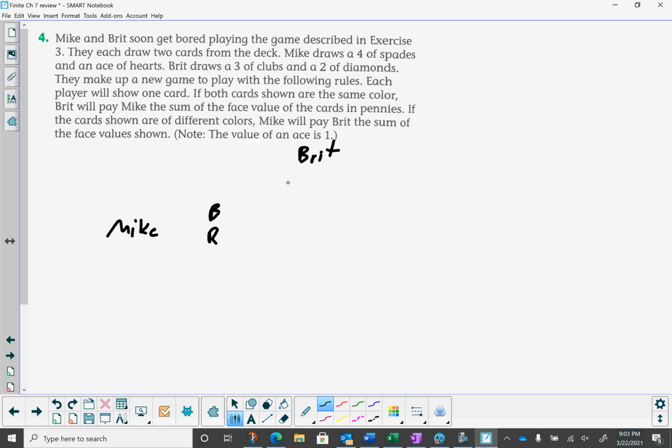Britt will be the column player, and again, we'll go in that same order here. So if both cards are the same color, well, that would mean, say, black, black. That's a 4 of spades and a 3 of clubs. So that's a total of the sum of the face value of the cards is 7. And Britt would pay Mike.